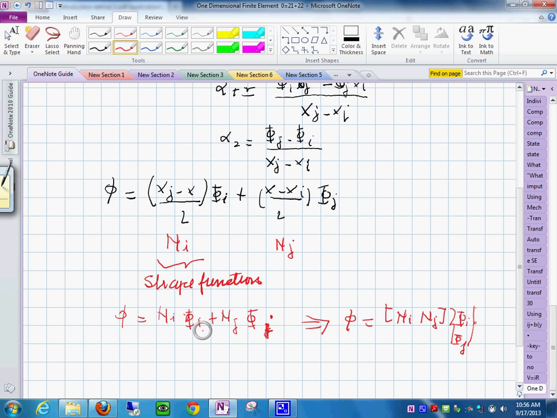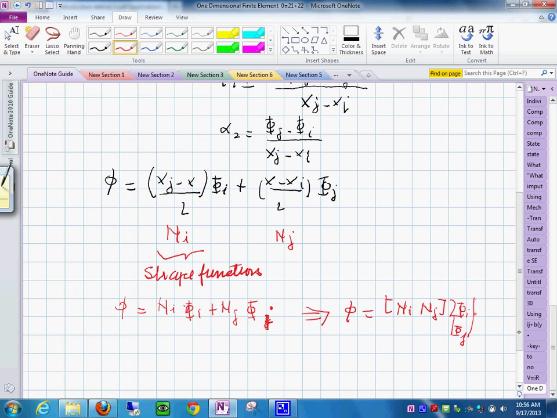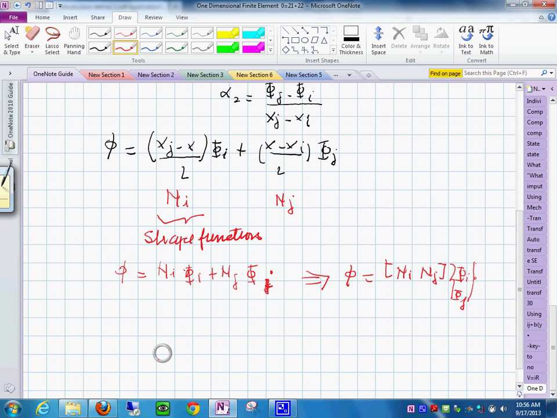In fact, it tells us what is the influence between those nodes, or what's the influence on the solution in the middle. Let me give you a simple example to illustrate what the shape functions mean.